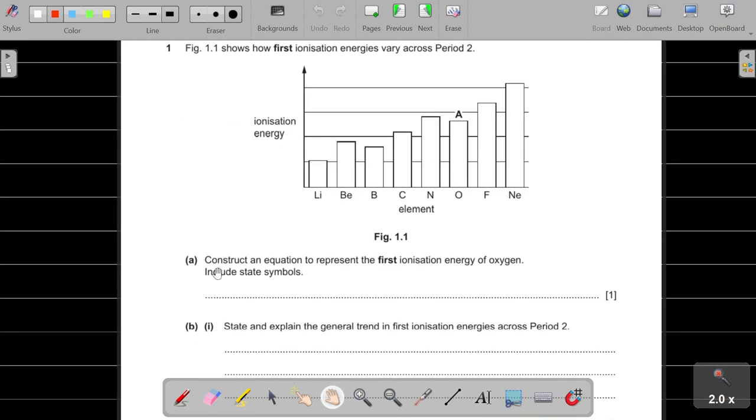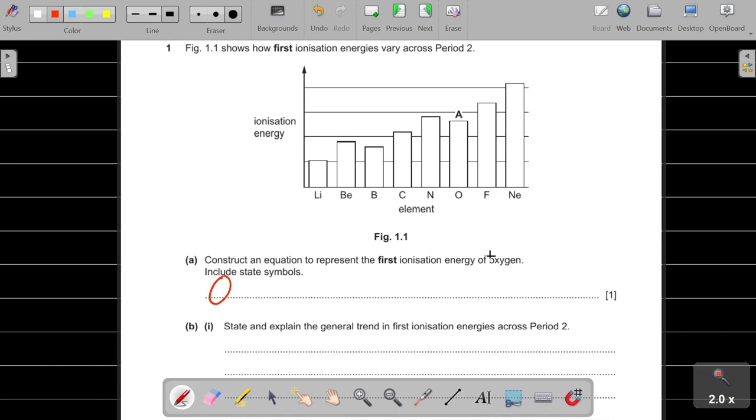The first question is: construct an equation to represent the first ionization energy of oxygen, include state symbols. First ionization energy means the minimum amount of energy required to remove an electron from an independent gaseous atom. For example, now we have this oxygen. I will write this oxygen here.